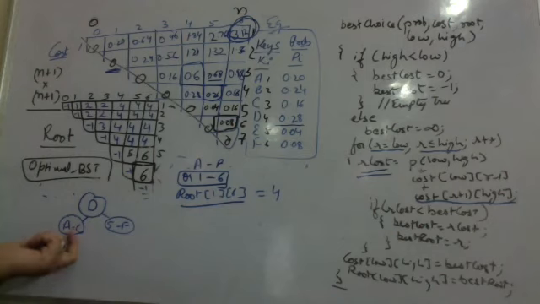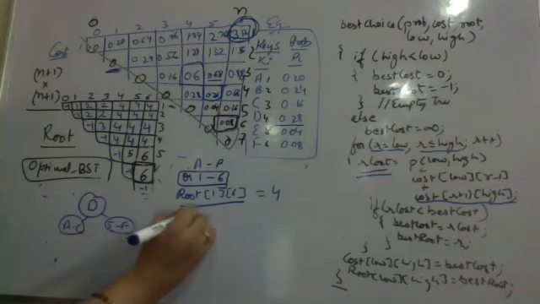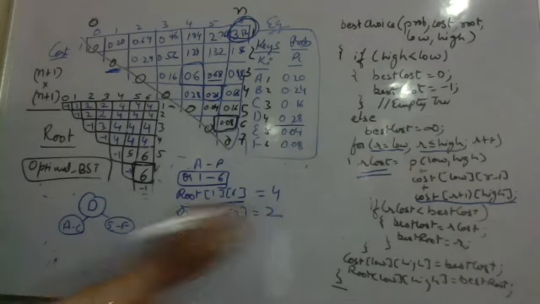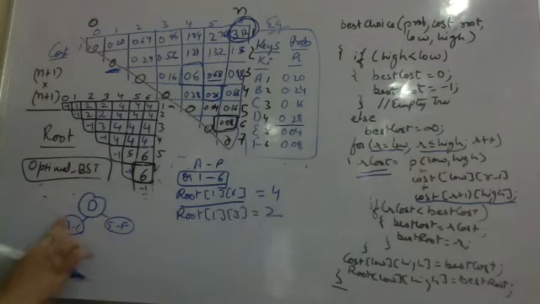अब A to C में I have to check which is the root and E to F में I have to check which is the root. So now I am checking the root from A to C, which is 1 से लेके 3 का root कौन है? It is 2. That means for this subtree the root is B. जब root B है तो A और C will be left and right child only क्योंकि binary search tree है by the property itself.